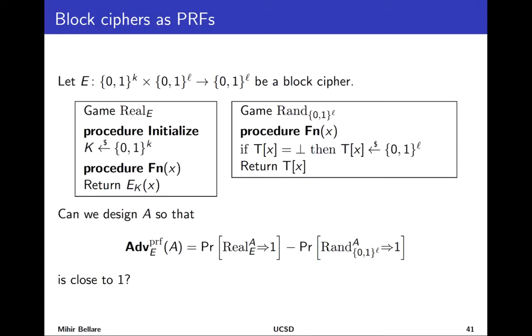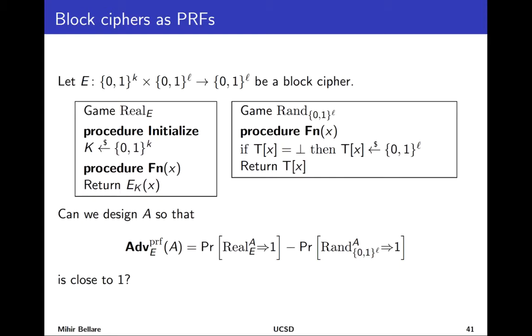And we have two hints at this point. One is that the birthday problem has just been studied, so it's got to be relevant. The second is that I haven't actually told you much specific about E other than it is a block cipher. So the only thing you can exploit is the mathematical properties of a block cipher. And what is that property? That whenever you fix the key, the induced function is a permutation. That's about all you know.